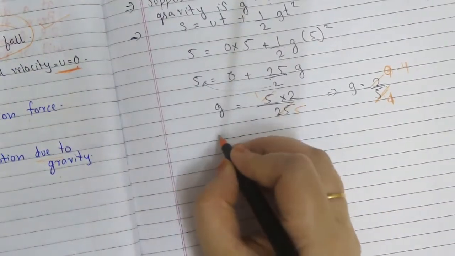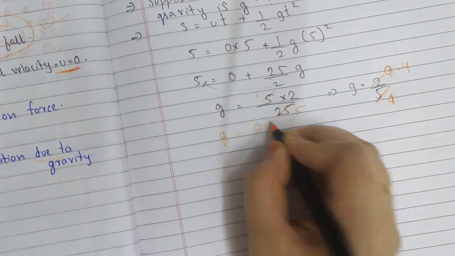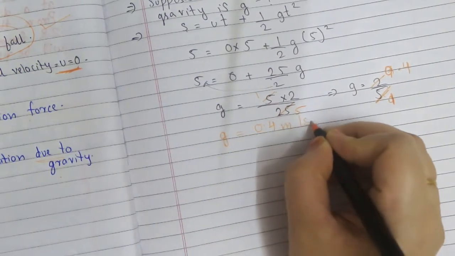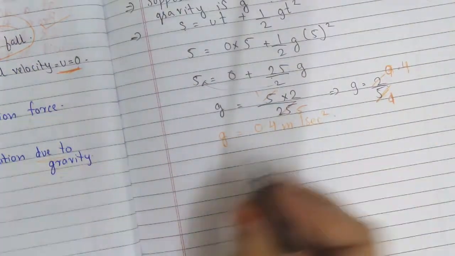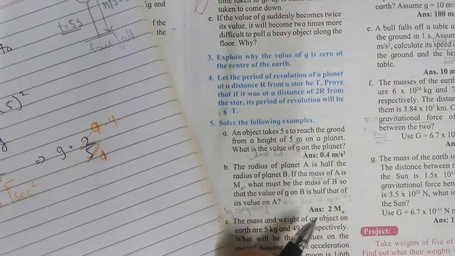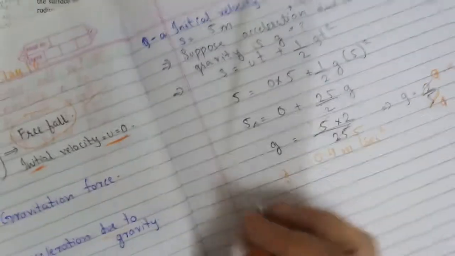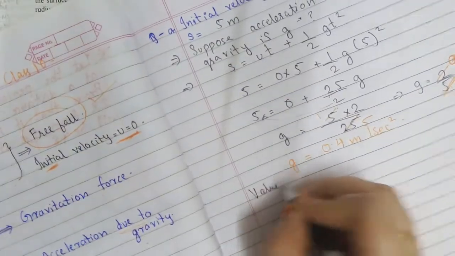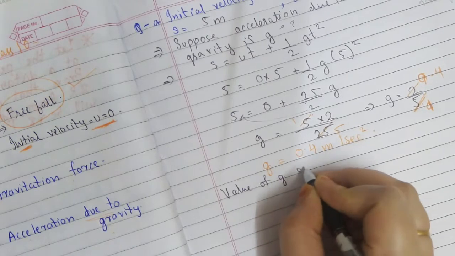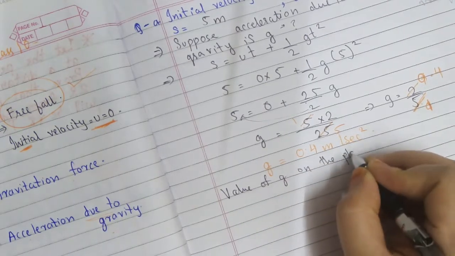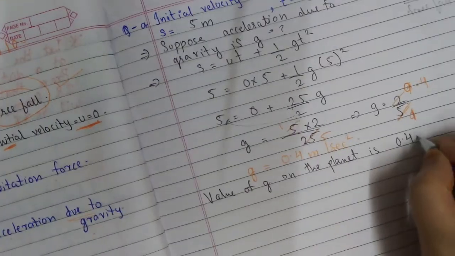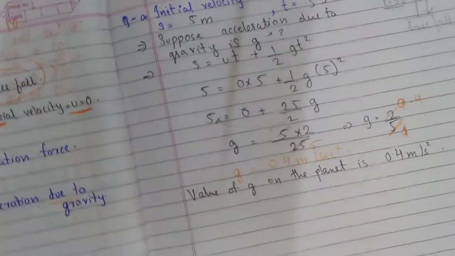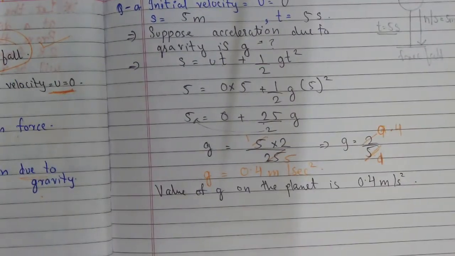So the value of g is 0.4 meter per second square. Here you can write the answer in a sentence: the value of g on the planet is 0.4 meter per second square. So this is how we solve question number A.